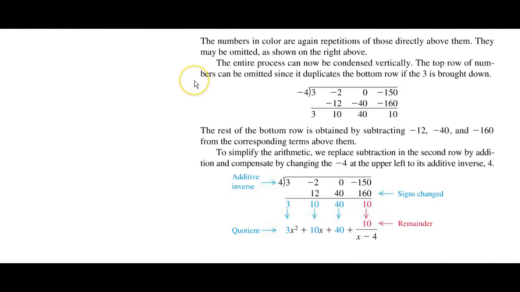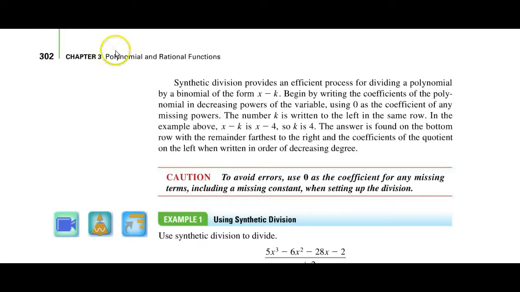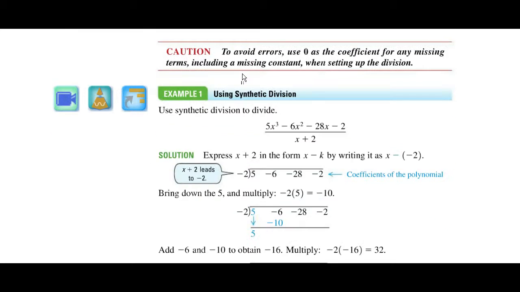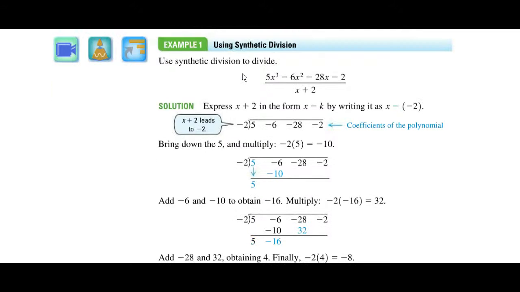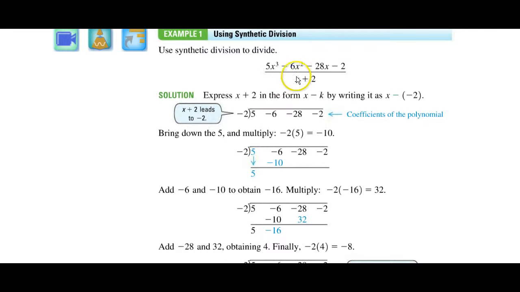They go through it in very great detail, but I think that's confusing. So here we're finally going to start using synthetic division to do a problem. Again, it's somewhat confusing, but we'll try to make it better.